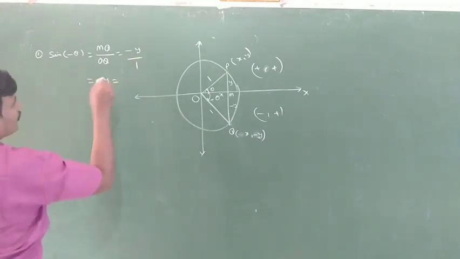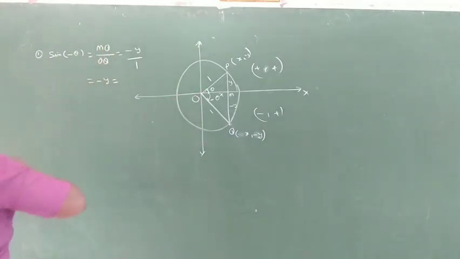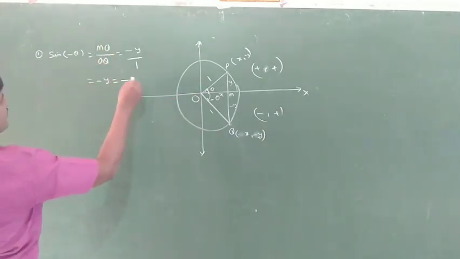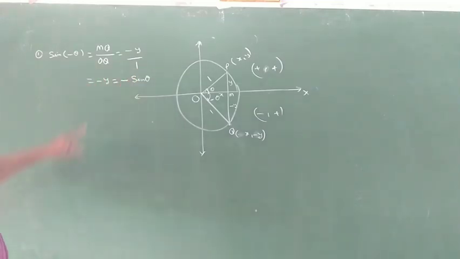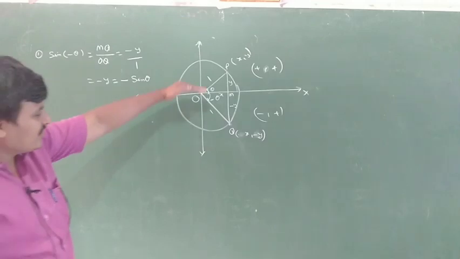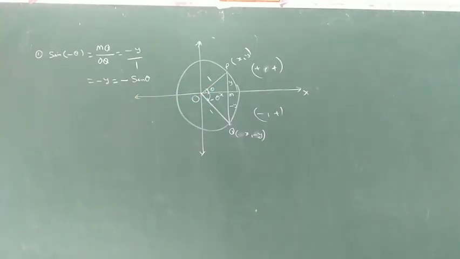And minus y means minus sine theta, since y is in the positive direction above. So finally, sine of minus theta is equal to minus sine theta. This is a very, very important result.